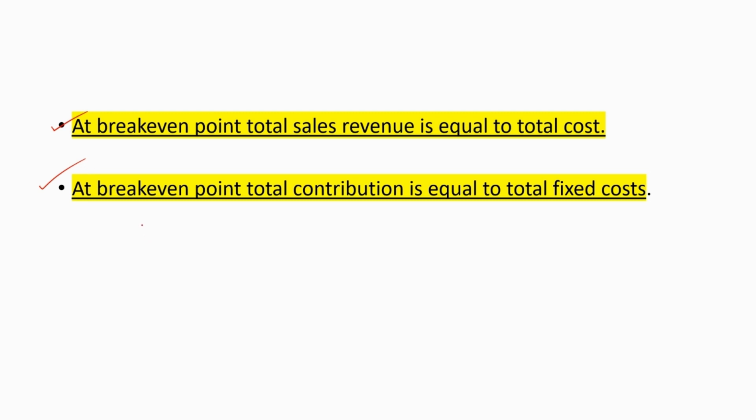You already know how to calculate the profit. Profit is equal to total contribution minus total fixed cost. So what happens at the break even point? At the break even point, there is no profit and there is no loss.